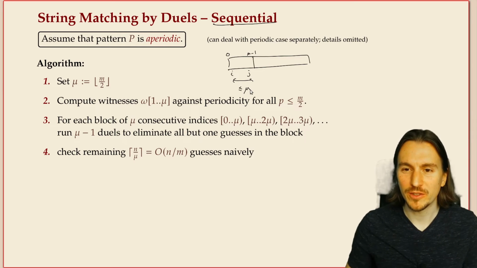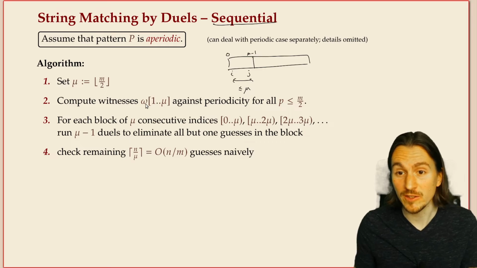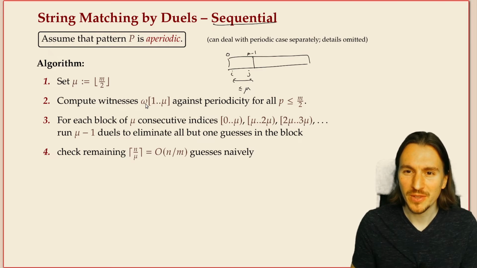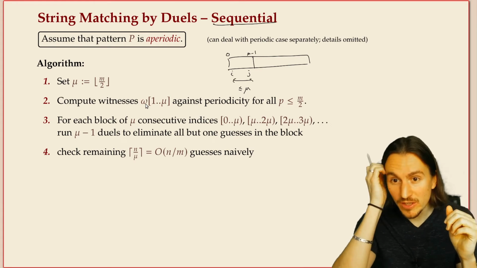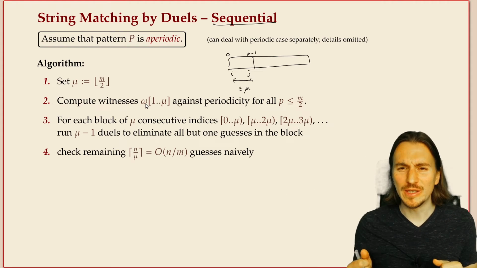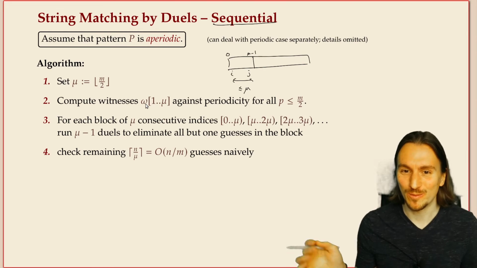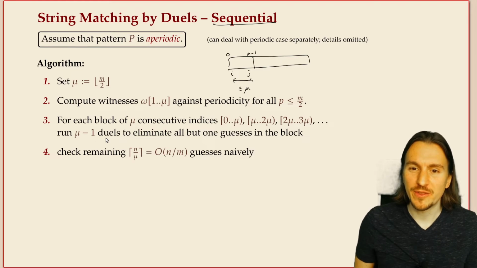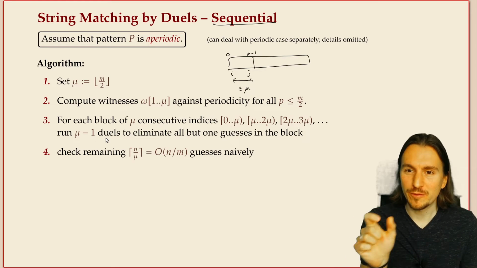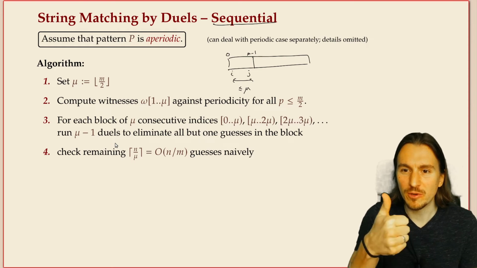And that's important because that means we can use this distance and find a witness against periodicity. We cannot use this with arbitrarily spaced apart positions because then we would need a witness against a period that's longer than the pattern, and those can't possibly exist. But within this block, we can fight the duels. Each duel eliminates one of the mu potential guesses. So after all these duels, there's at most one left.